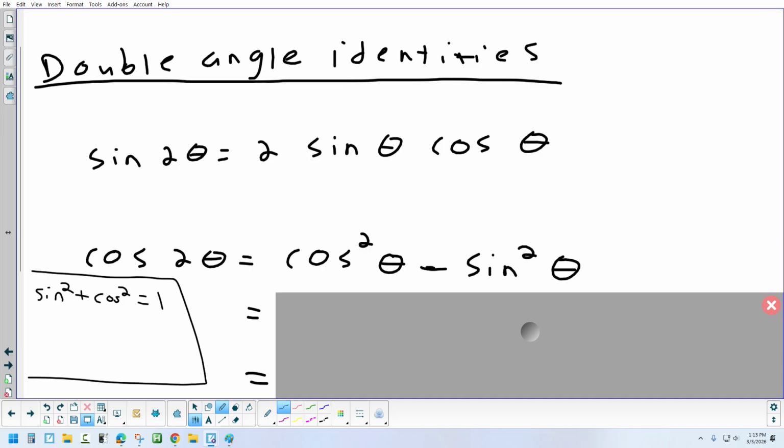I'm just kind of doing this off to the side. What would you get if you solve that for cosine squared? Yeah, Malik? 1 minus sine squared. Take that and fill that in right there. 1 minus sine squared.